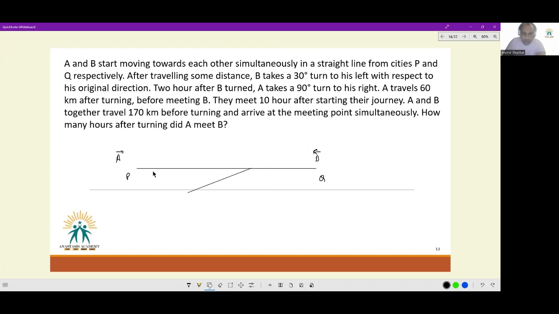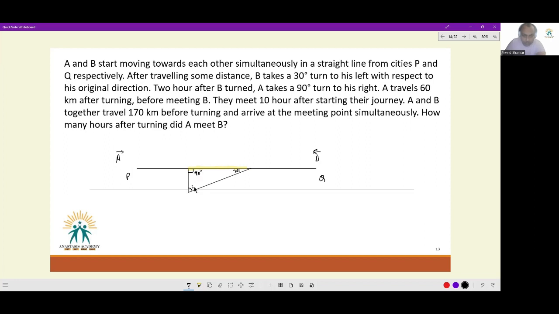And 2 hours after that, A takes a 90-degree turn, this way. So what has happened is they have not traveled this part. The journey for B has been this, and the journey for A has been this and this. Now, for these different parts, this is 30 degree, this is 90 degree.